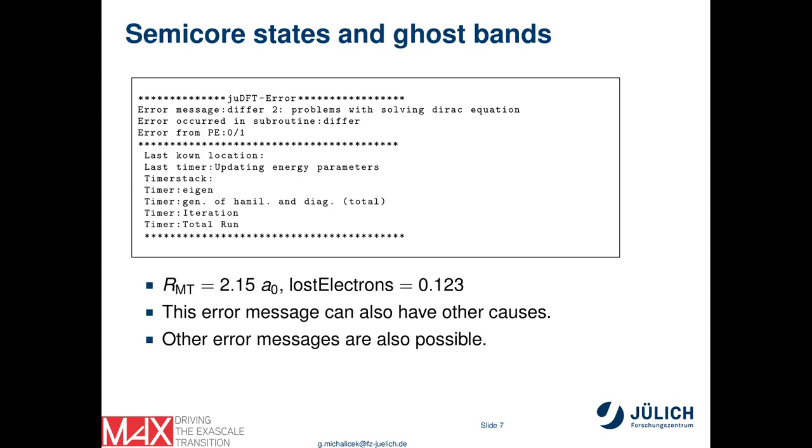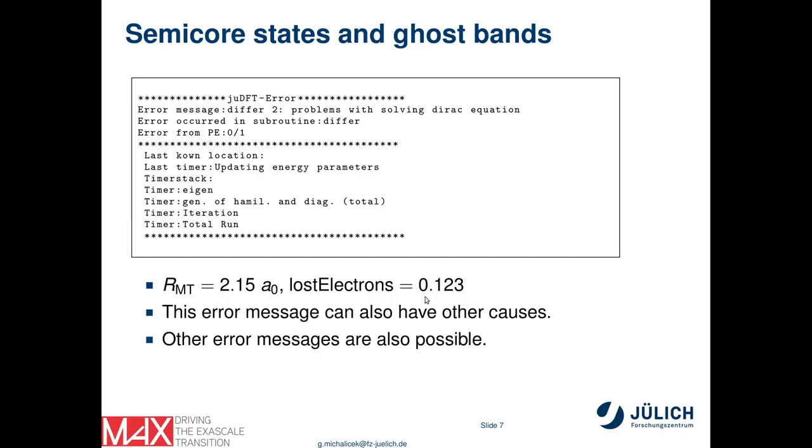Differ2 is one of them, and then you should look whether there are ghost bands, or whether your LAPW basis is linearly dependent or whatever. You also see that in this example we lose about 12% of an electron from our core electrons, and keep this number in mind.